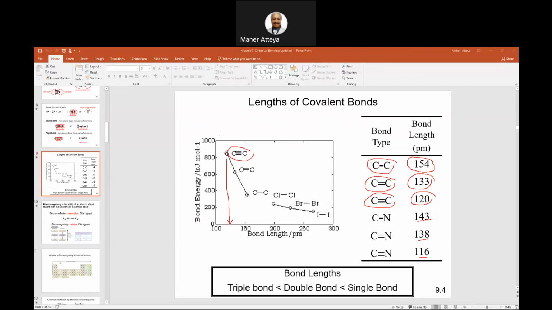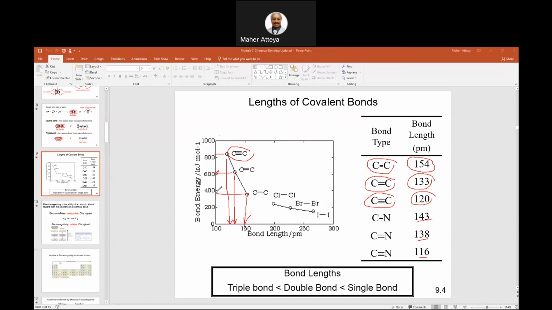But look at where the energy is. It's here. Can you see the energy here? The double bond is here, and the energy you need is here. Single bond is here. This is just qualitative, so you don't have to memorize it.